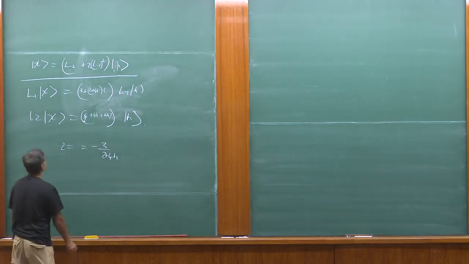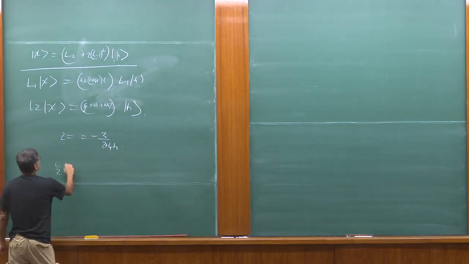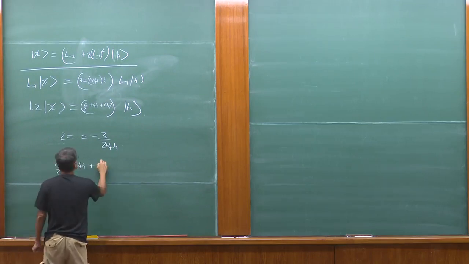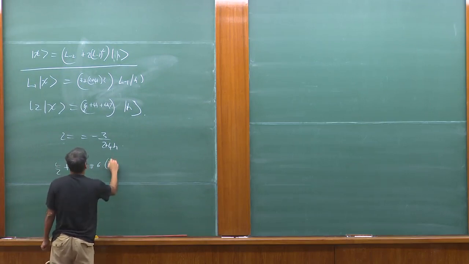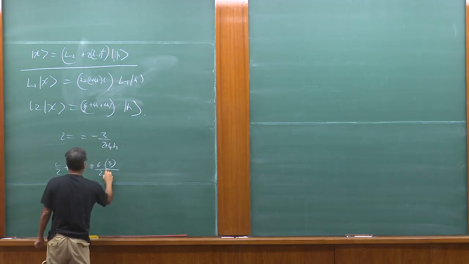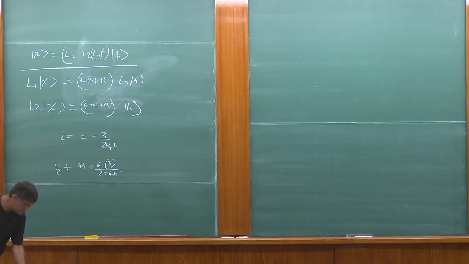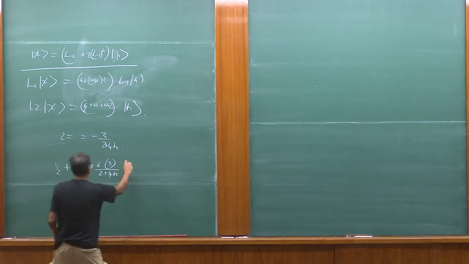Okay? For this guy, we get c by 2 plus 4h plus 6. So now it's minus 6 into 3 divided by 2 plus 4h. Okay? Fine. So this has to be equal to 0.